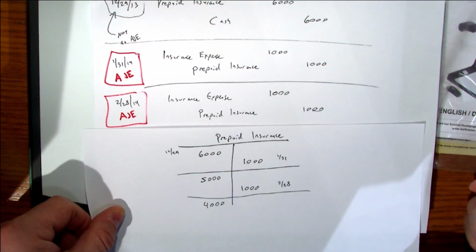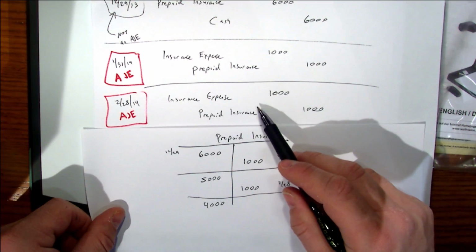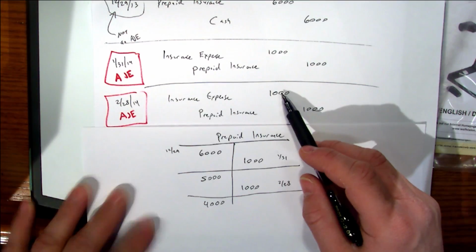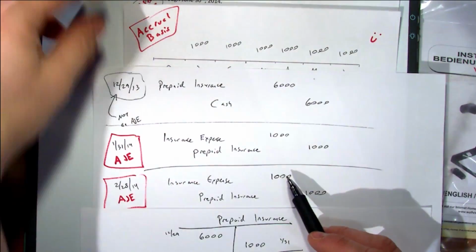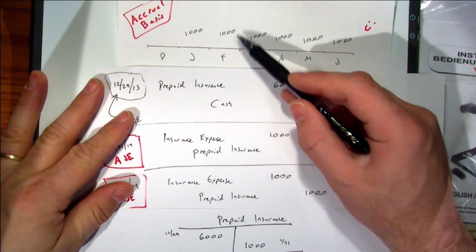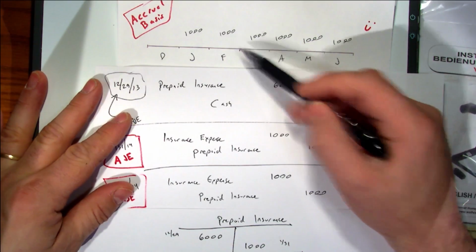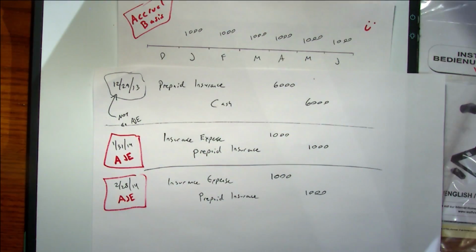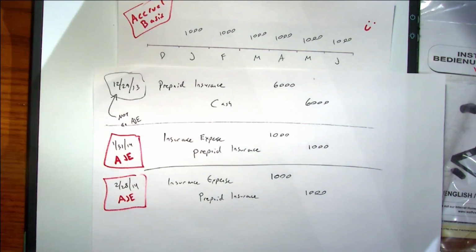At $4,000, you have $4,000 worth of an asset there. And this AJE also debited insurance expense for $1,000. So it was the mechanism for putting $1,000 worth of expense into February. Cool? Now, if your head's kind of swimming a little bit, you can come off the Elmo.